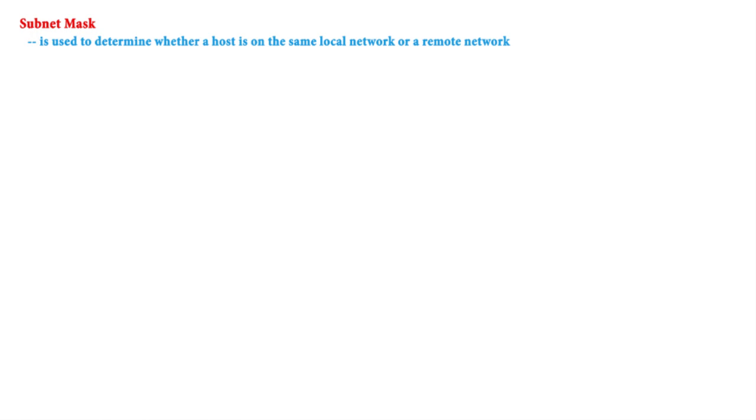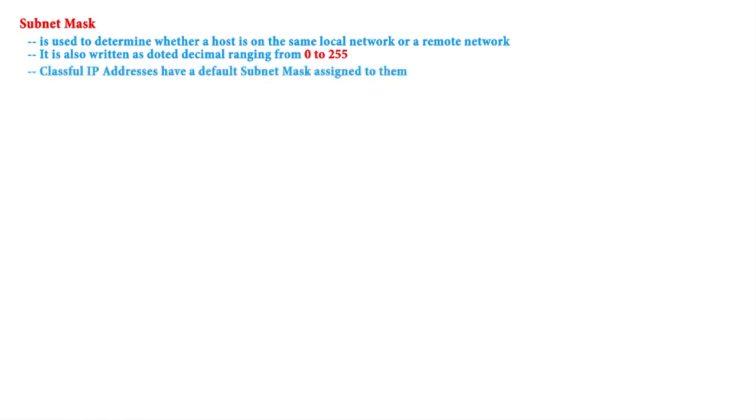In this case, another 32-bit number is used to determine this. This is what is called a subnet mask. It is also written in dotted decimal, ranging from the value of 0 to 255, and can be written in binary as 4 octets. In classful IP addresses, there are default subnet masks allocated to them.